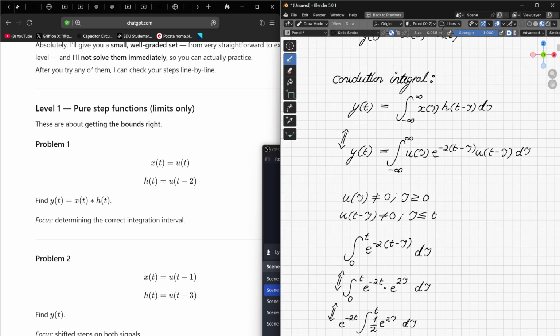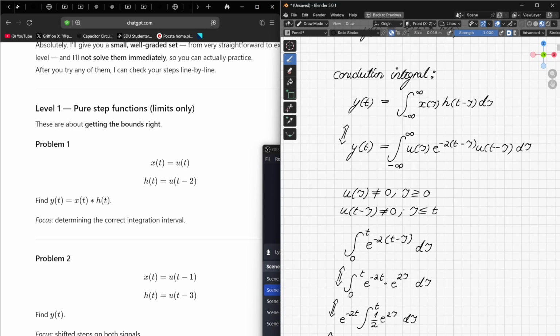So the way that we find these causality limits is we basically want to find out where tau is not equal to 0. So here it's just tau, so we can just say tau is greater than or equal to 0. If tau is greater than or equal to 0, it will not be 0. And here, because of t minus tau, we can say if tau is less than or equal to t, then it won't be 0.